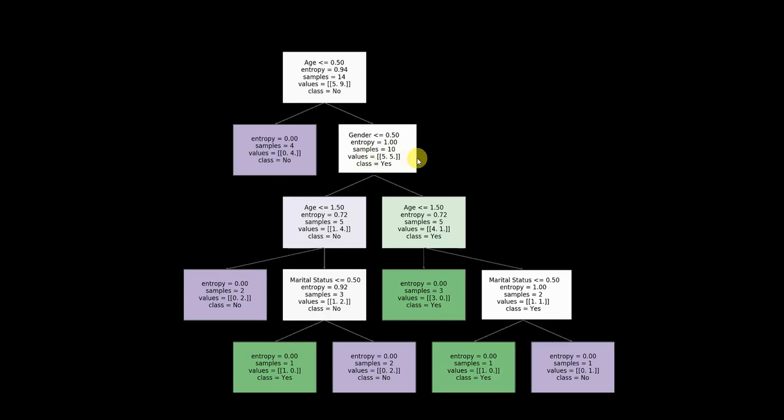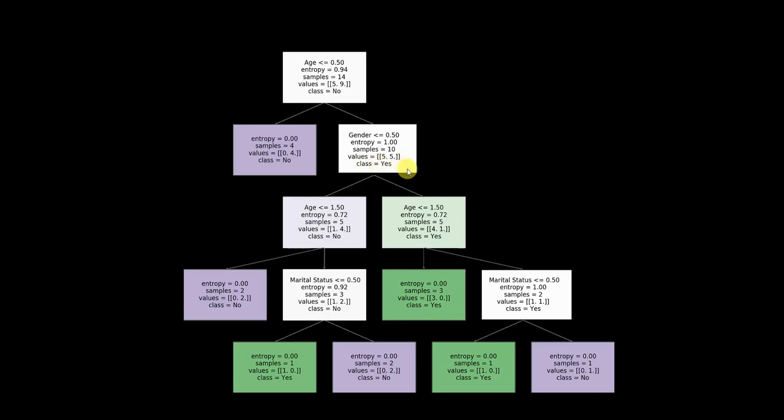When we talk about information gain, let's see why it matters. It can be considered the main key used by the decision tree algorithm to construct a decision tree.